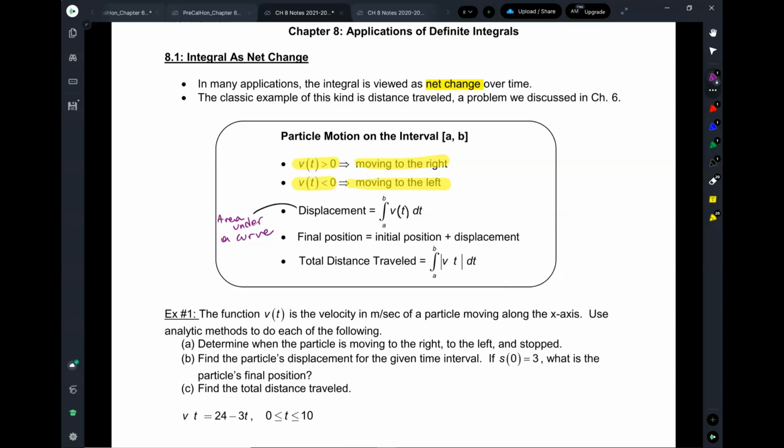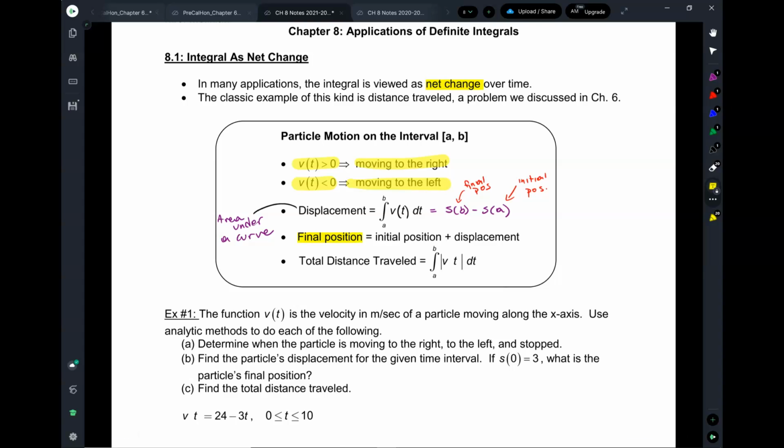So when you do the integral, what's the integral of velocity? It's position, so s of b minus s of a. This is the antiderivative of velocity, which is position, because if you took a derivative of position, you would get velocity. So this is the final position minus the initial position. What is the final position of something?